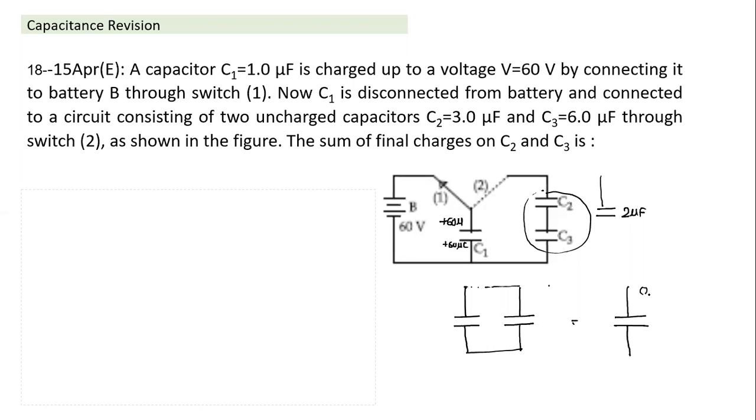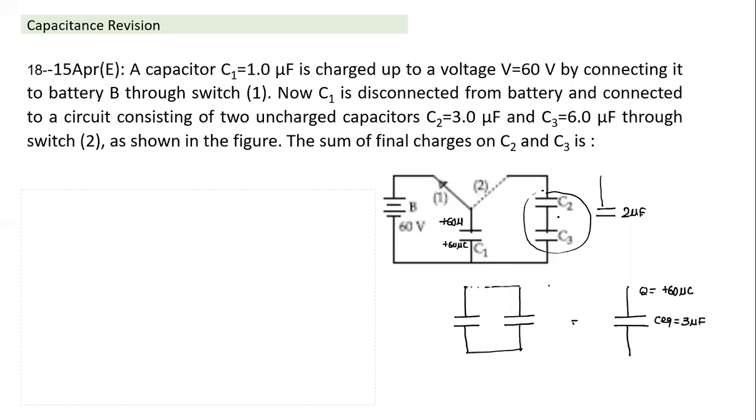Charge Q will remain equal to plus 60 microcoulomb. It's an isolated system. And what will be C equivalent now? This is 2 microfarad, and this is 1. So 1 plus 2 connected in parallel is equal to 3 microfarad. Okay.